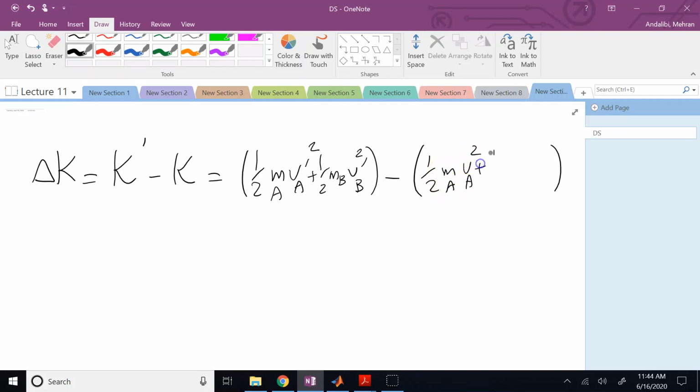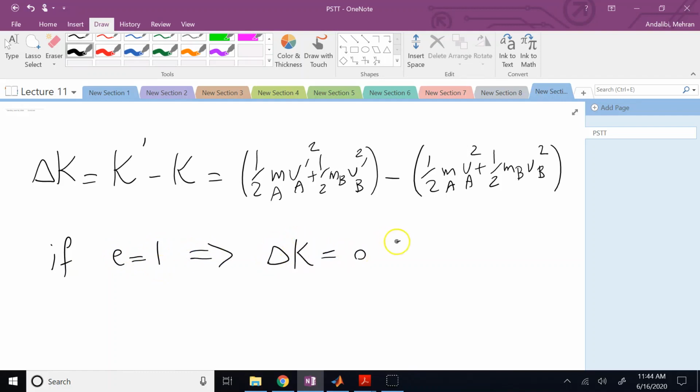So VA squared and VB squared. This is the change in kinetic energy. Now, if the impact is perfectly elastic, I encourage you to show that this is going to be 0 joules. It's not going to change.